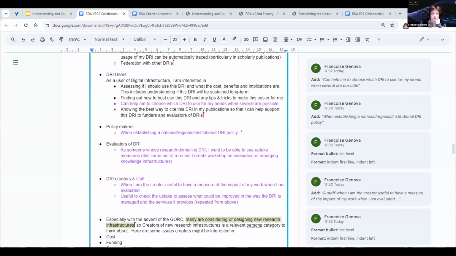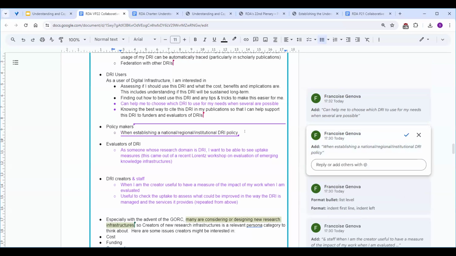So what would be things that would be of use to policymakers at that point? Yes, I was thinking about the roadmap and also the national plan for open science.